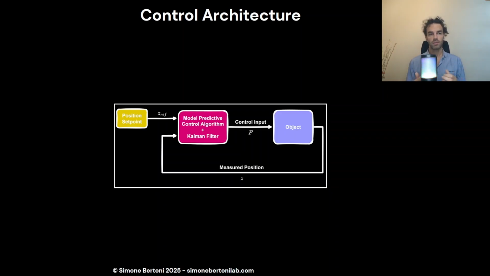In our example we are only reading the position of the object and we still want to run the model predictive control. So we need something, in this case the Kalman filter, that estimates the vector x, so z dot, the speed, and z, the position.